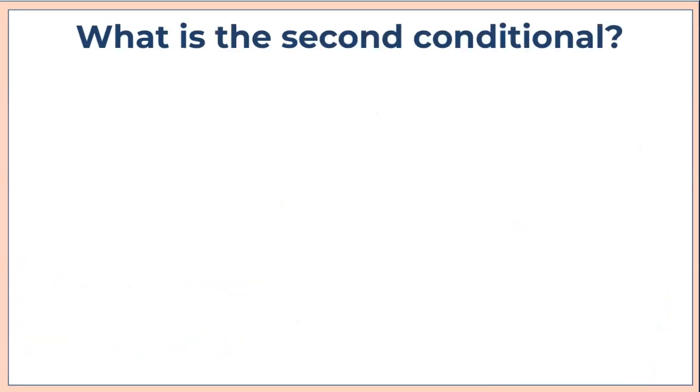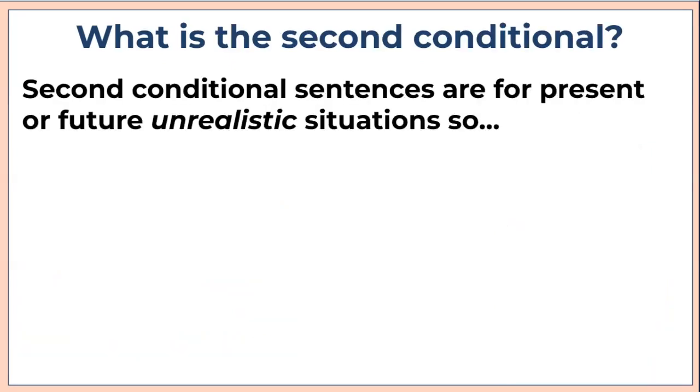So, what is the second conditional? The second conditional is for present or future unrealistic situations. And I emphasize unrealistic because if you remember the first conditional, that is used for realistic situations, like if it rains, if I forget my wallet.